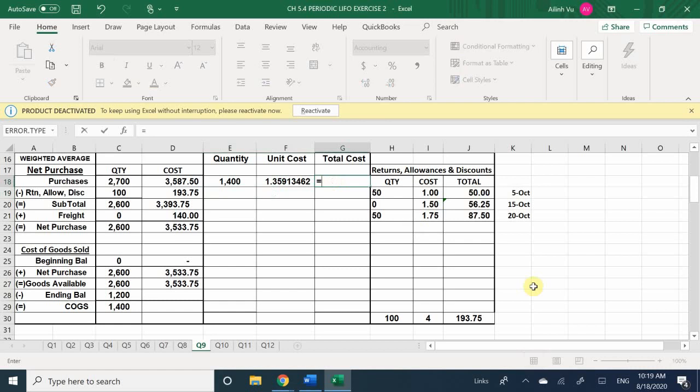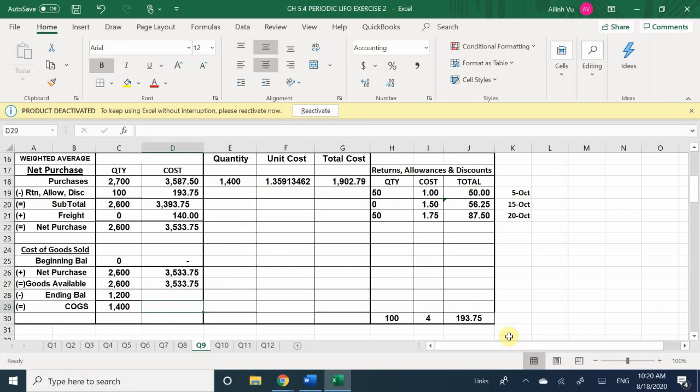And what is our total cost of goods sold for the 1,400 items? 1902.79 is our answer.